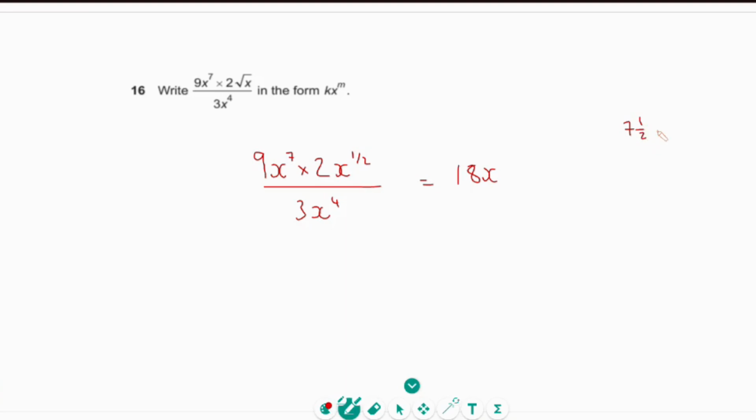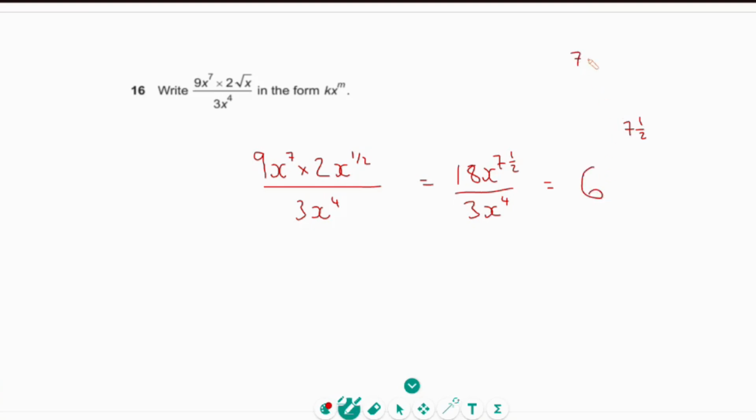I think I prefer to see that. No, I can leave it like that for now. I usually prefer to use an improper fraction. Let's just leave it. Okay, I'm going to divide. I need to subtract the powers. 18 divided by 3 is 6.